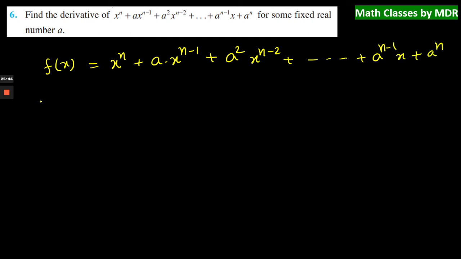Now what is f prime x? Let's see. F prime x is equal to n into x power n minus 1 plus a into n minus 1 x power n minus 2 plus, right? I'm just doing it directly.